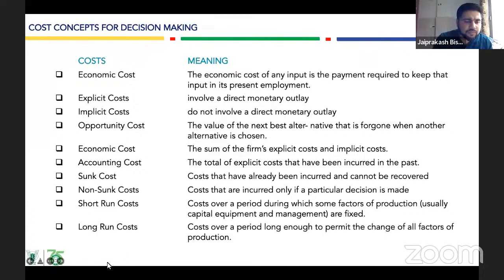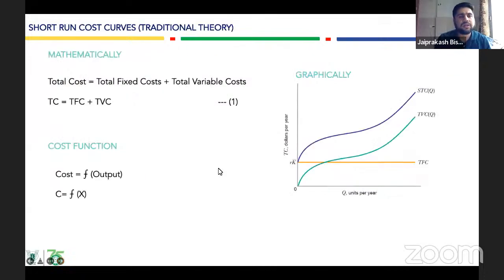Now coming to the cost curves. Seeing is believing, and visualizations are good tools to understand things very clearly. As I have already said, economic cost is equal to explicit cost plus implicit cost.